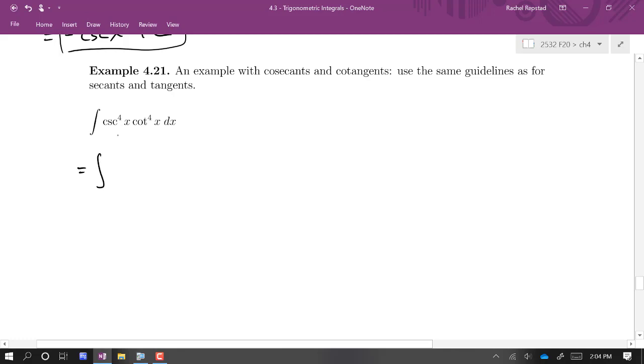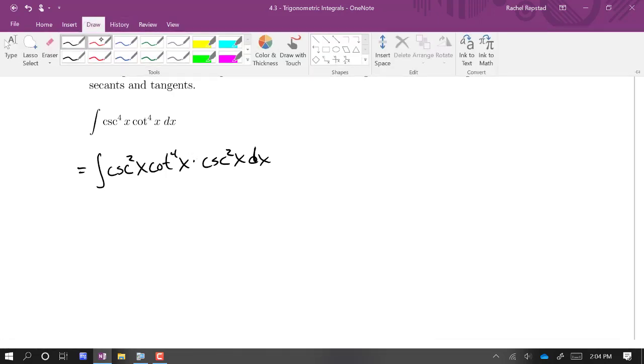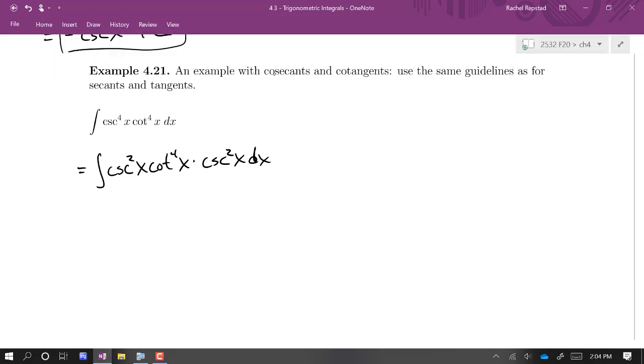If we peel off a cosecant squared, we're left with a cosecant squared x in the beginning, cotan to the fourth x, and then cosecant squared x at the end. The whole idea behind doing that is that negative cosecant squared is the derivative of cotan. So the idea behind saving that at the end is that we let u equal cotan x, so that du is minus cosecant squared x.